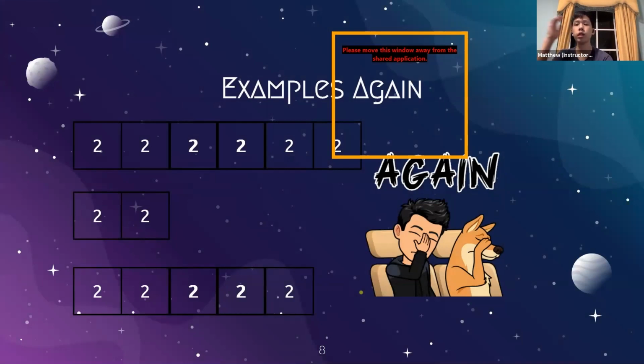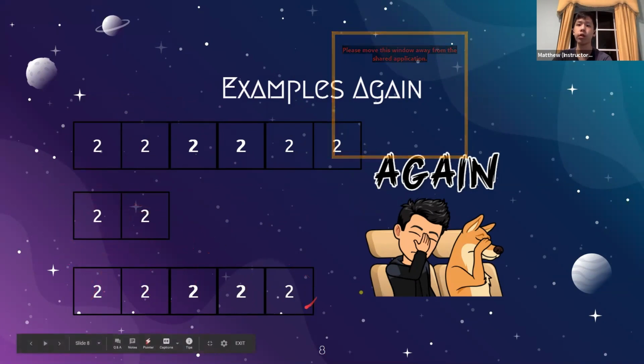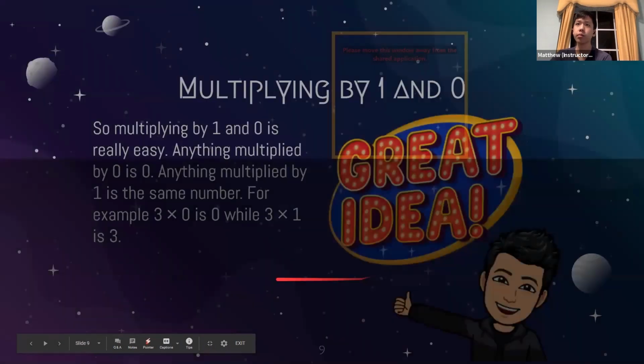Look at these examples again. This is 1, 2, 3, 4, 5, 6. This is 6 groups of 2, or 12. This is 2 groups of 2, or 4. And this is 1, 2, 3, 4, 5, or 5 groups of 2, which would be 10.